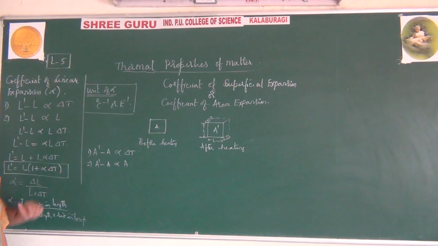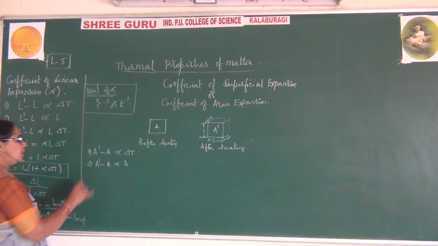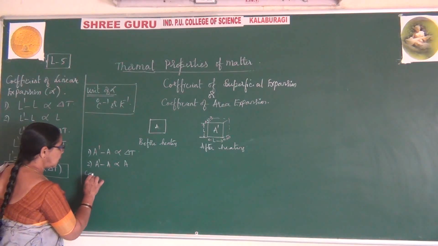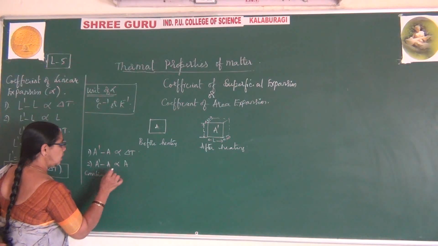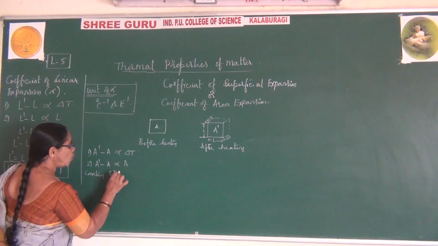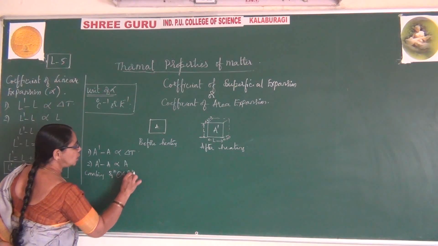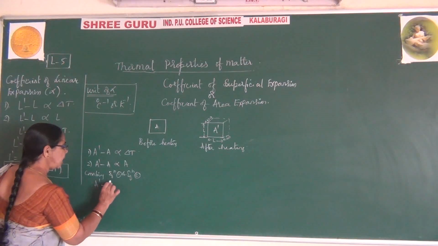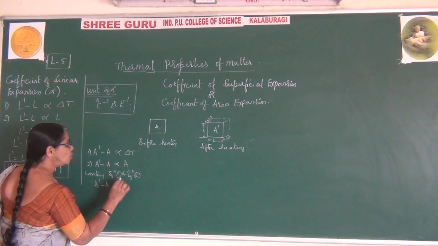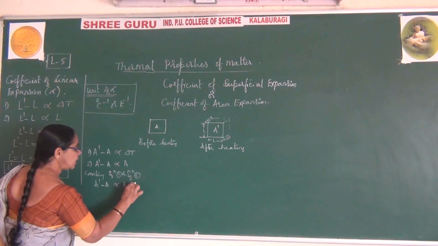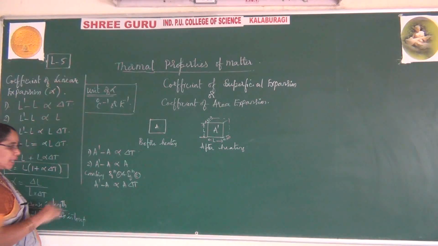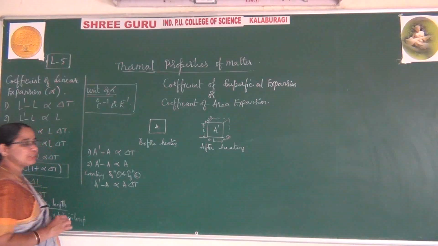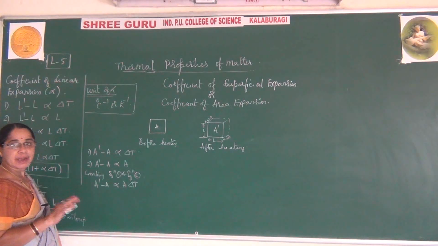Now combining equation 1 and equation 2, A dash minus A is proportional to A delta T. Now I want to remove this proportionality and take a constant.